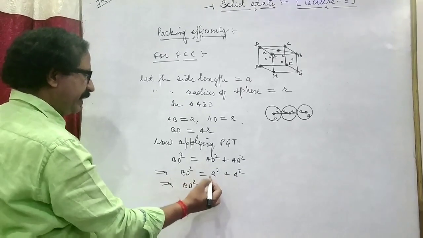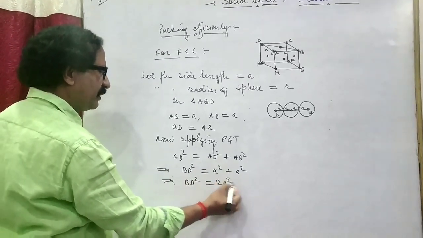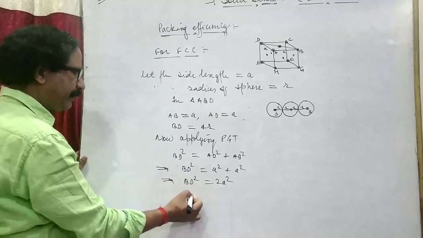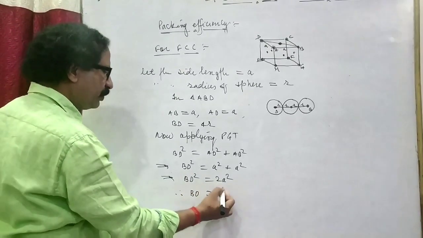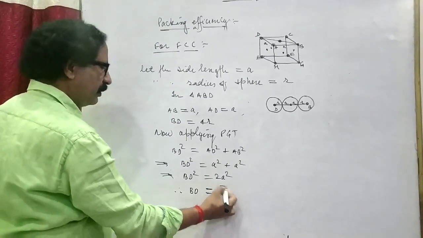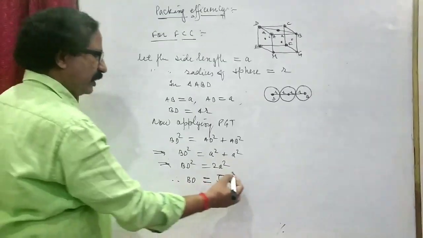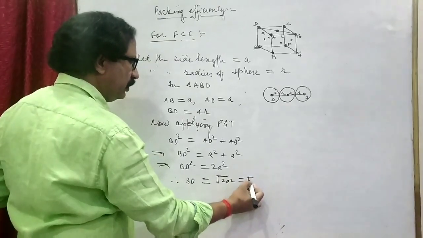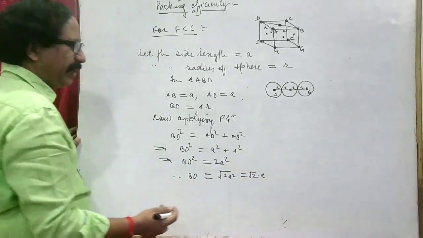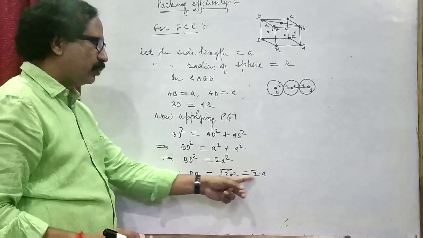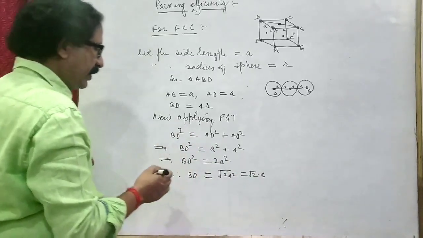Means BD square is equal to twice A square. Therefore BD is equal to under root twice A square, which becomes root 2 into A, because the square root of A square is A and root 2 is written as it is. Okay?